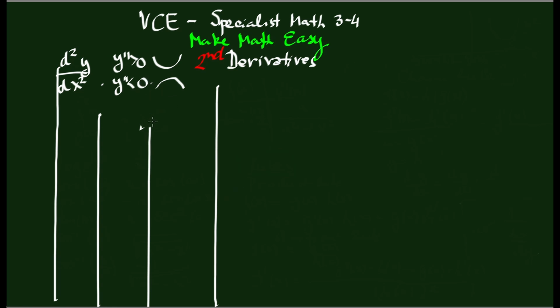So the table will have three rows and three columns. In the first column we will have the second derivative greater than 0.